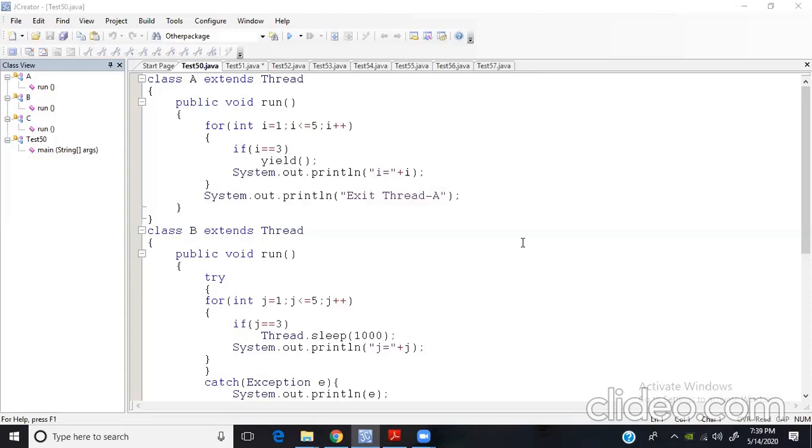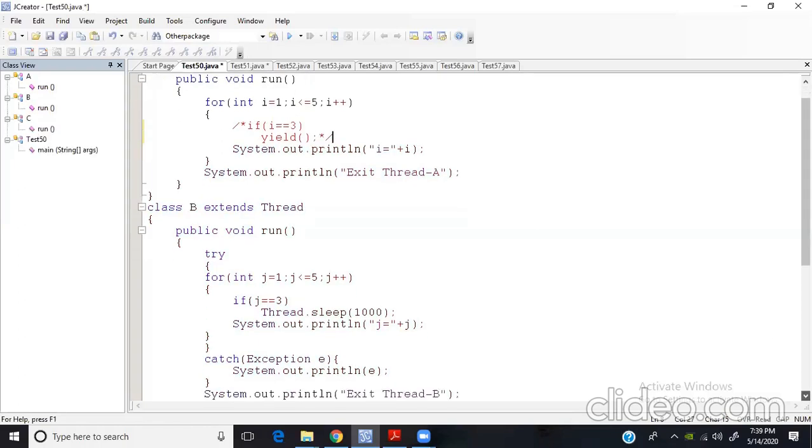So here what we have done, we just implemented a few of those methods that I just discussed, not all, in this last program. Look, in the last program, this part was not there. I'm commenting the part that I have modified in this program. I'm introducing the yield method over here.